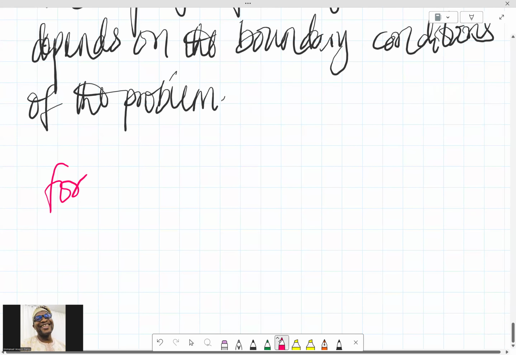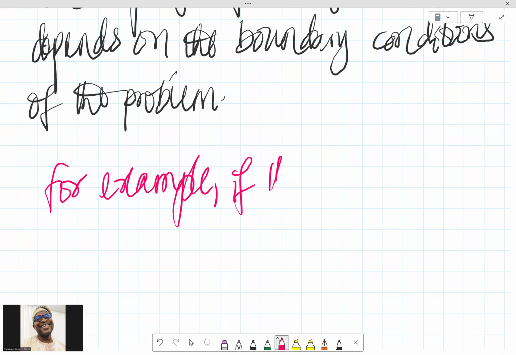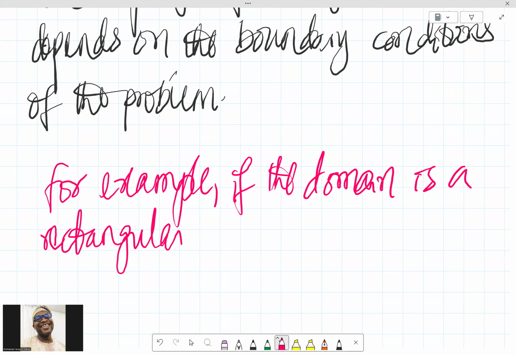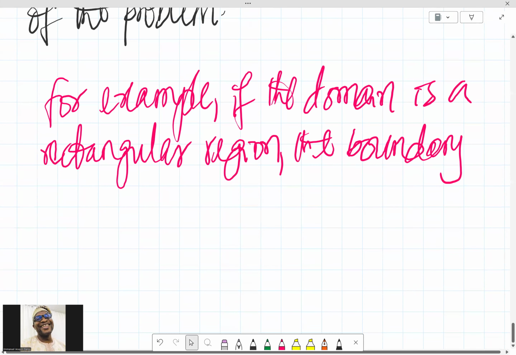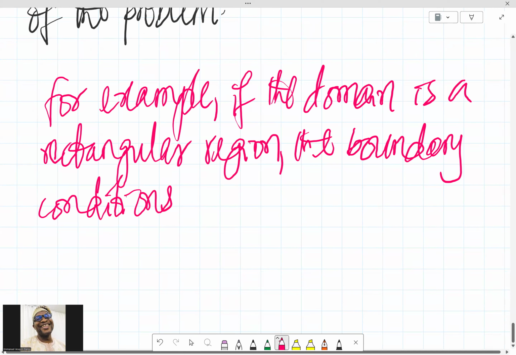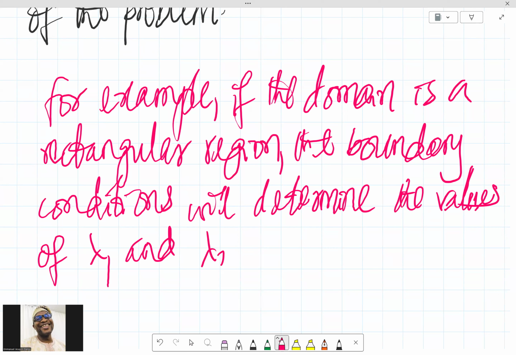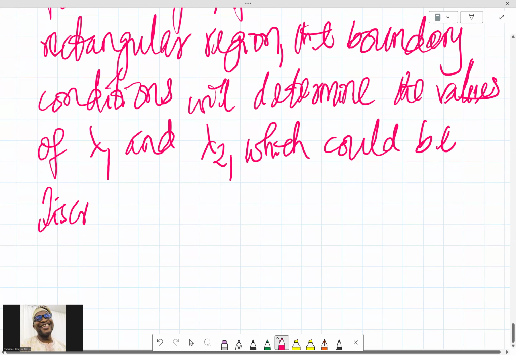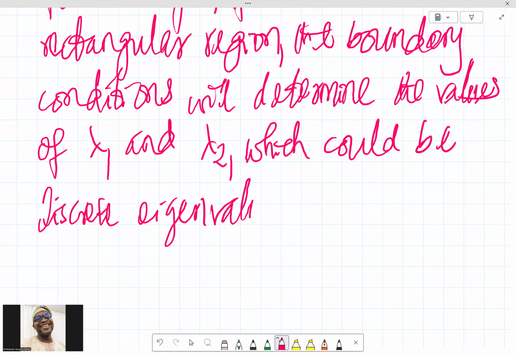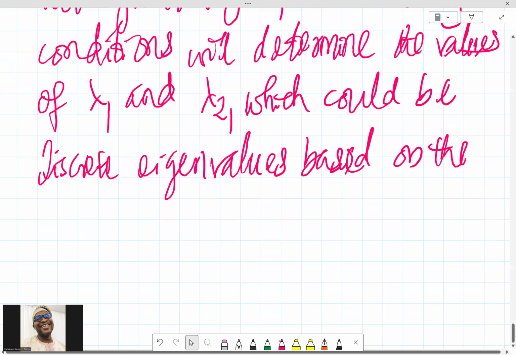For example, if the domain is a rectangular region, the boundary conditions will determine the values of lambda 1 and lambda 2, which could be discrete eigenvalues based on the geometry.